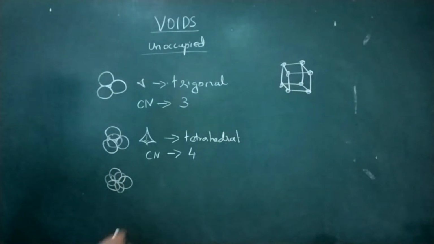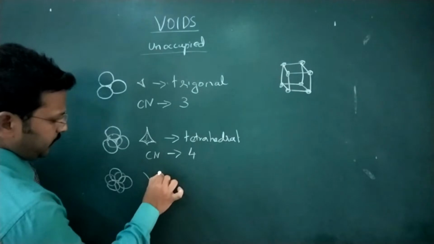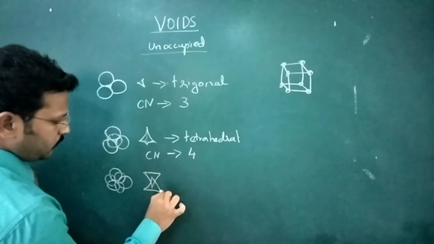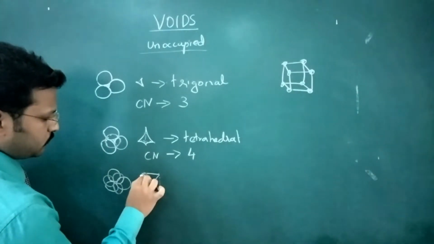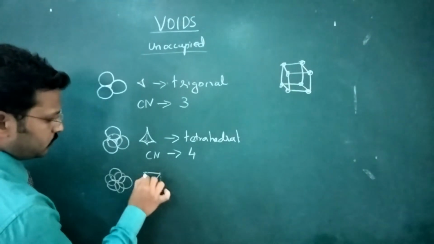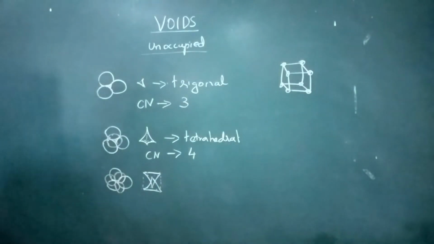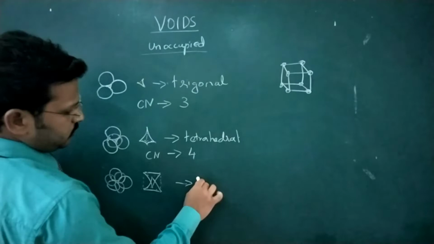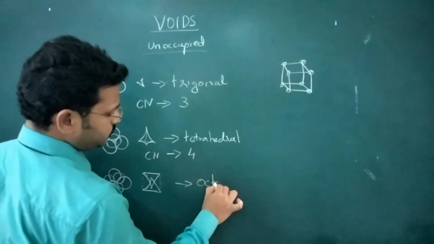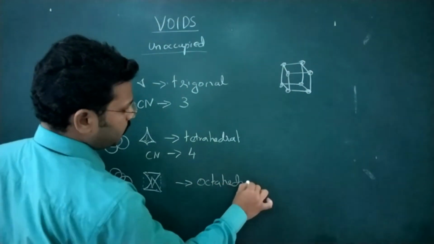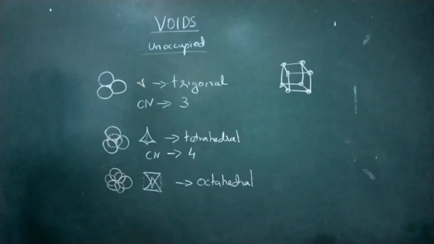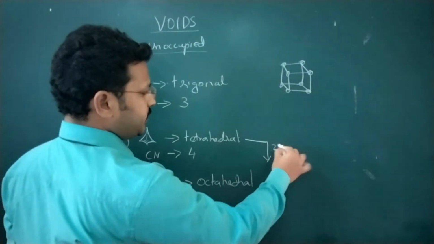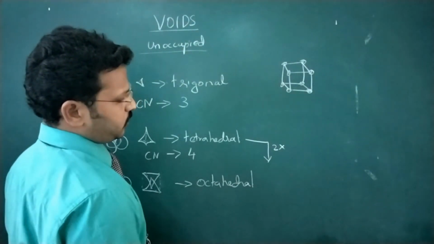We get a void in such a position which has 8 sides. This type of void is the octahedral void. Moreover, we can understand that 2 tetrahedral voids contribute to form an octahedral void.